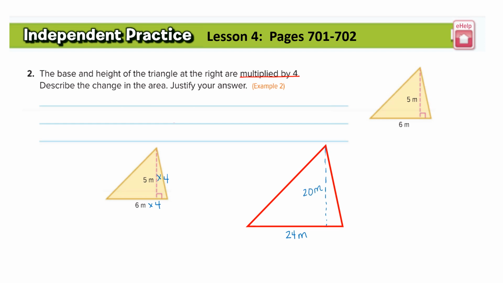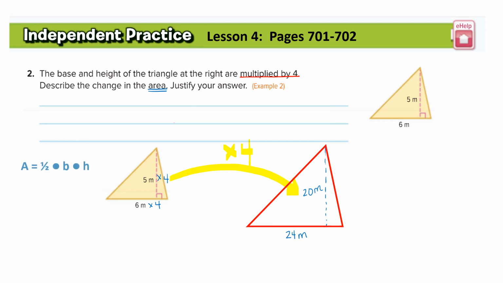All right, so they want us to figure out how the area changes. Now, we have increased the size of the dimensions by 4. We multiplied times 4. Okay, we want to know, how does this impact the area?